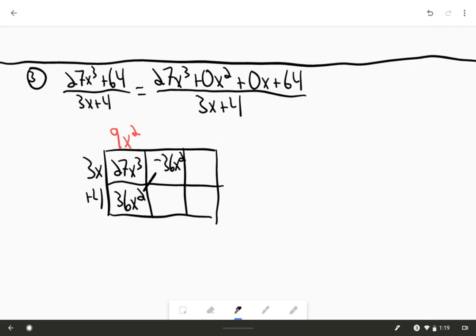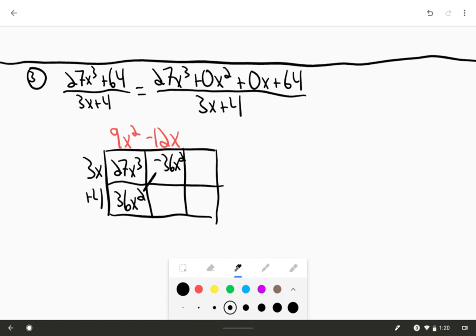All right, now I'm going to do the same thing in the second column. So 3x times what is negative 36x squared? So if I look at the whole numbers, 3 times what is negative 36? That's going to be 3 times negative 12, right? 3 times negative 12 is negative 36, and x times x is x squared, so negative 12x.